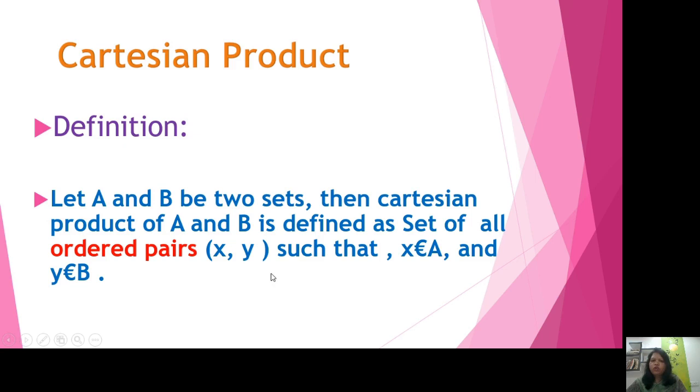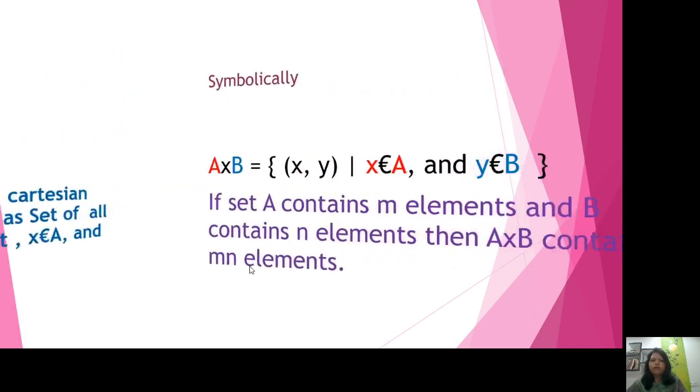So there also the order of the elements in that pair is very important. Similarly, here in this Cartesian product there are pairs, and the order of each element in that pair is very important.